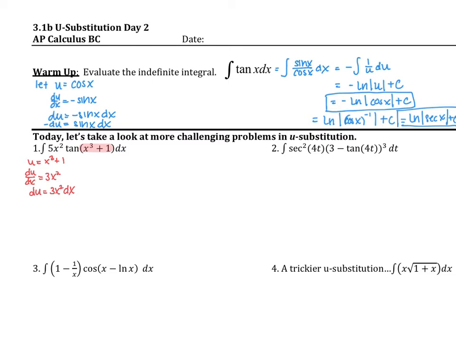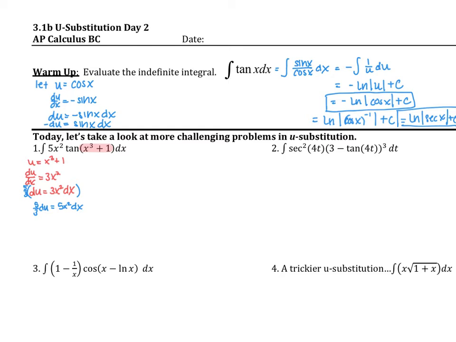So to counteract that, I am going to multiply all of this by 5/3. Okay, multiplying the whole thing by 5/3, we get 5/3 du equals 5x squared dx. Okay, so now this looks more like what we had before.